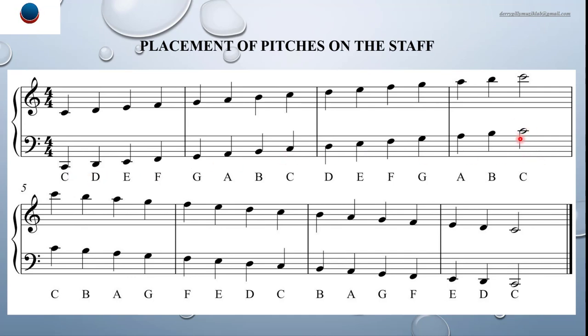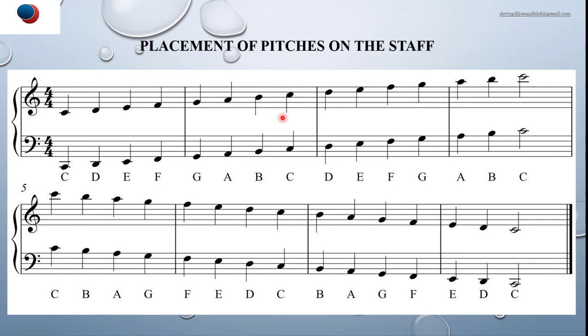Therefore, the note one ledger line below the treble staff is designated as the pitch C or middle C, but all notes so labeled constitute the pitch class C. So you could see that all these ones are pitch classes, but this one is C.